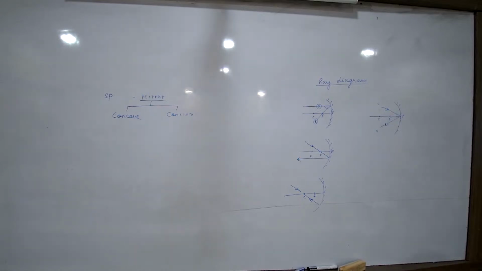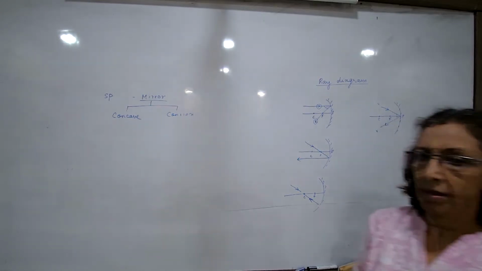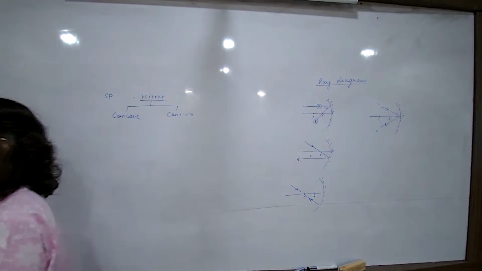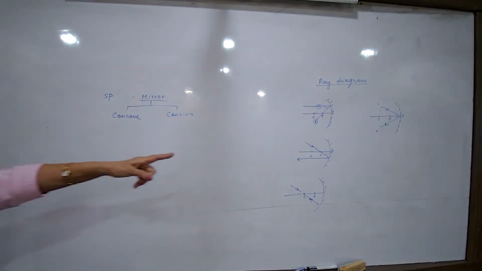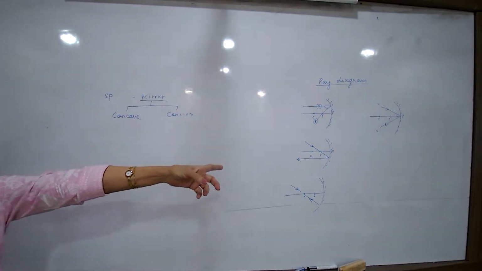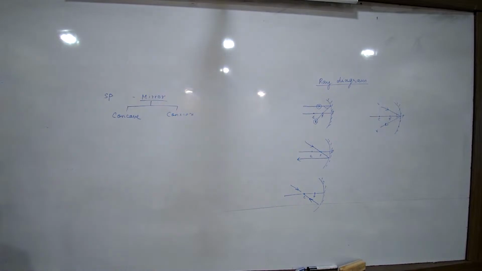I ask you a question. Listen to me very carefully. In a spherical mirror, the laws of reflection are not followed. True or false? False. The same laws are followed in the spherical mirror. It's nothing but a trick question.